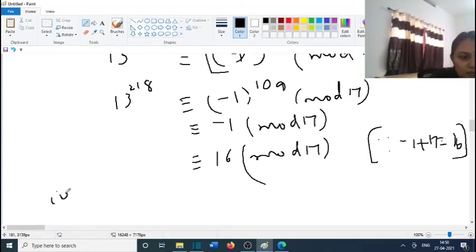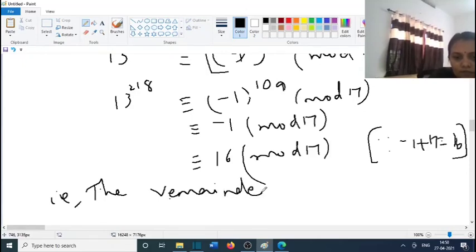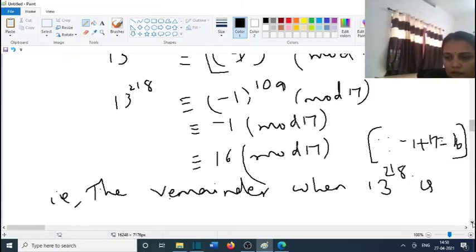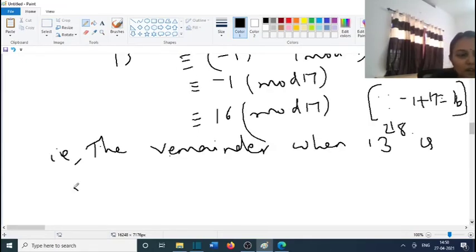That is, the remainder when 13 raised to 218 is divided by 17 is 16.